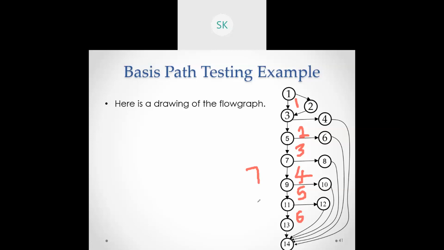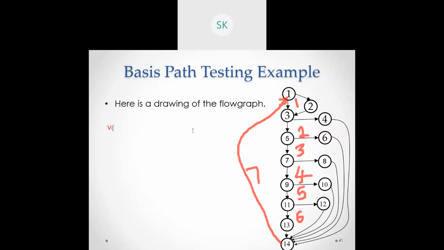Cyclomatic complexity will be 7. If you identify how many nodes you have, and how many edges you have, followed by plus 2 if you make it, because we don't have a directed edge. If I have a directed edge over here, if I think that this is a directed edge, then your complete set of calculating the formula becomes somewhat like this.